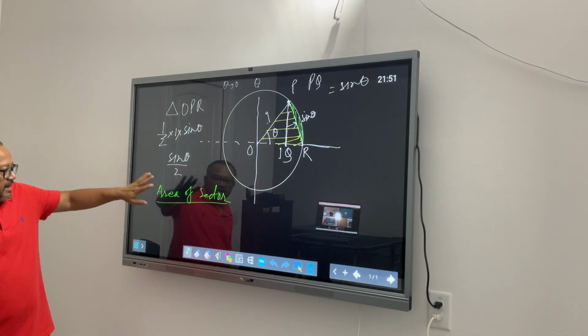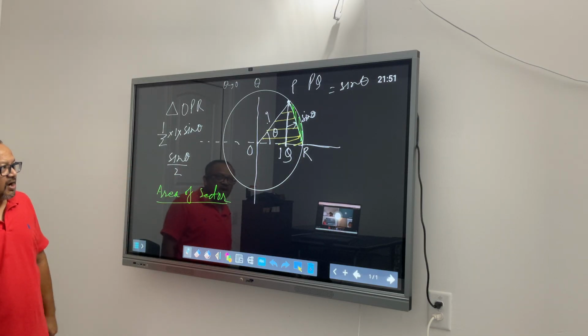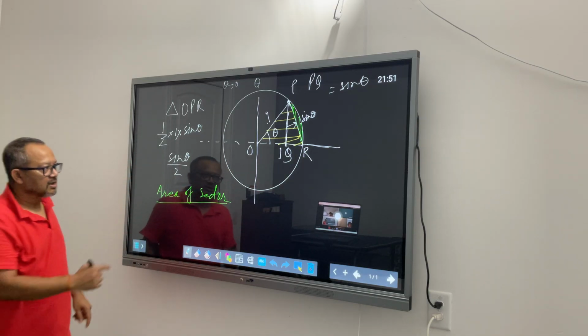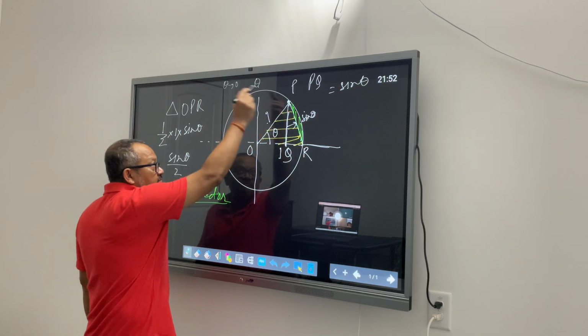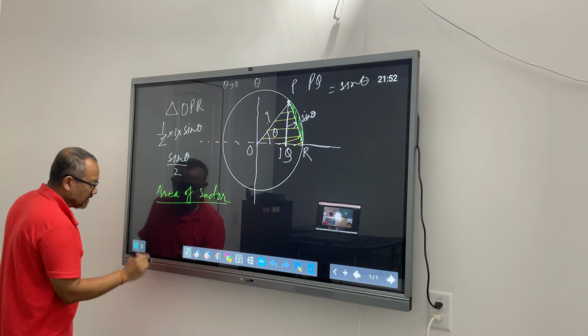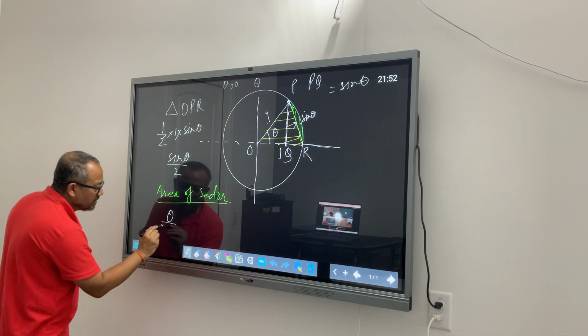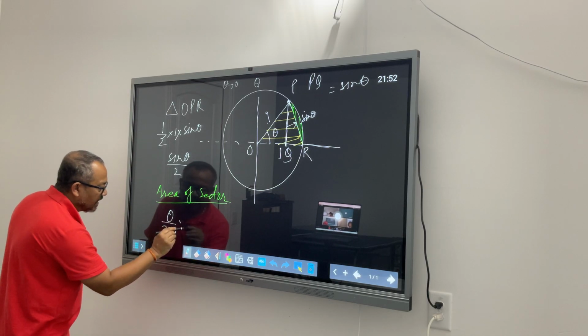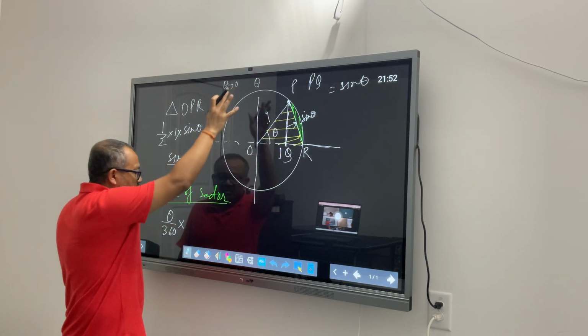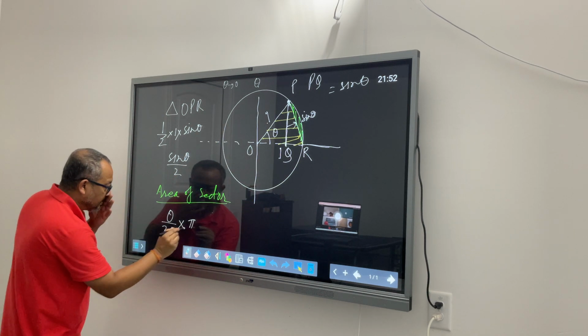Okay. Area of this sector will be how much? This is theta out of 360, right? So it will be theta over 360 times the area of the whole circle, which is pi r square.